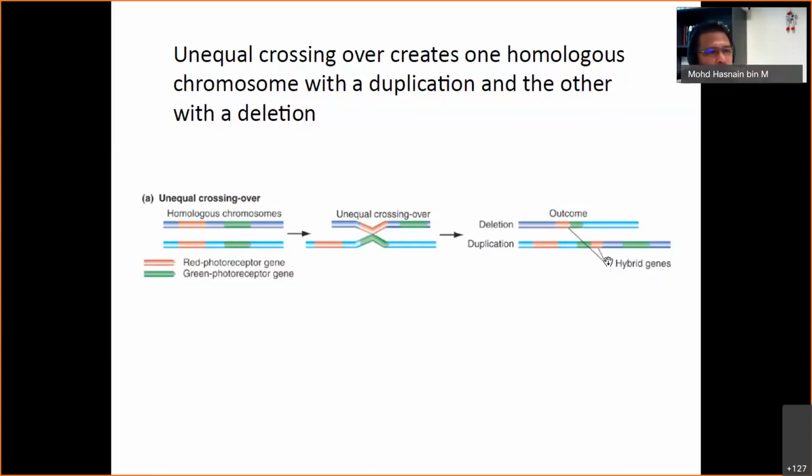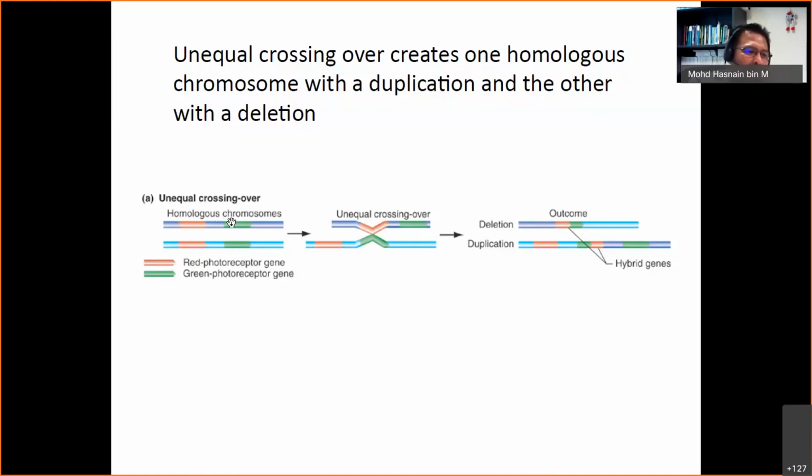Okay, so you can have unequal crossing over, like mentioned, with this homologous chromosome, red photoreceptor. This one is an example. Okay, it can occur for any other gene as well.